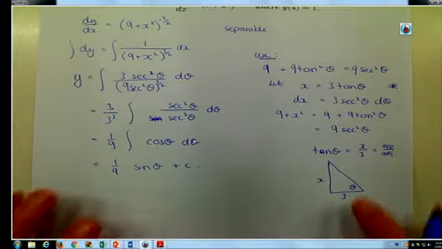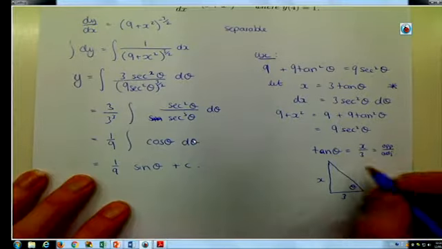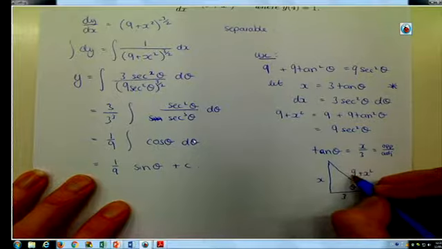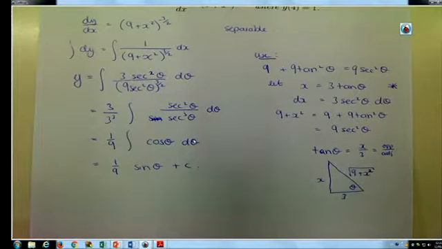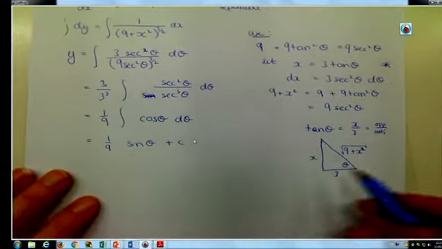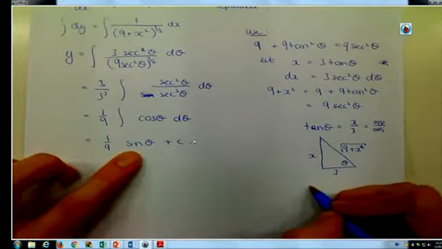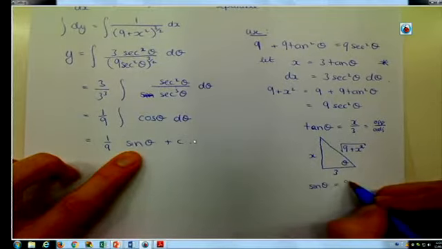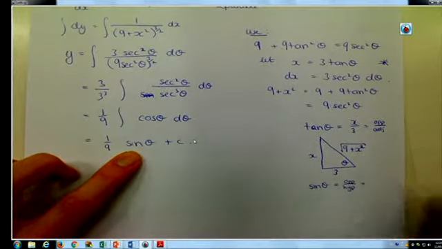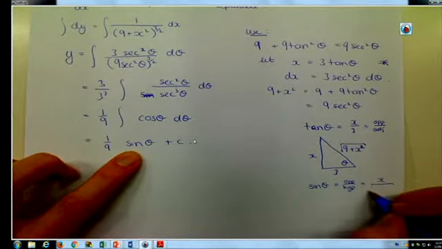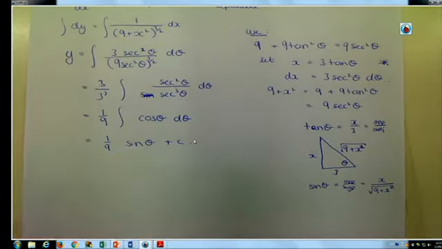And then I can use Pythagoras to work out the hypotenuse, so it should be the square root of 9 plus x squared. How you fancy that? That was in the question. Remember I said your answer will always have some part of the question inside it? This is it here. Now sine theta is what we want. The opposite is going to be x, and the hypotenuse is going to be the square root of 9 plus x squared. So now I can convert sine theta into x's.